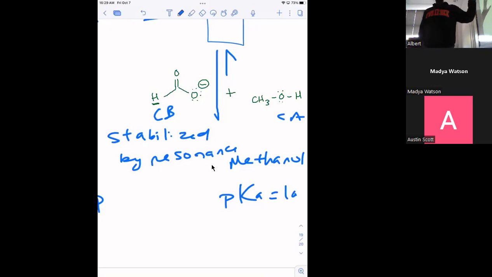That's why it has a pKa of 4.2. There's methanol, which is 16 or 17. Hopefully you can see now how to connect dots. When you ask why an acid is better, you look at the conjugate base and look at factors that stabilize it. Is that everybody okay?